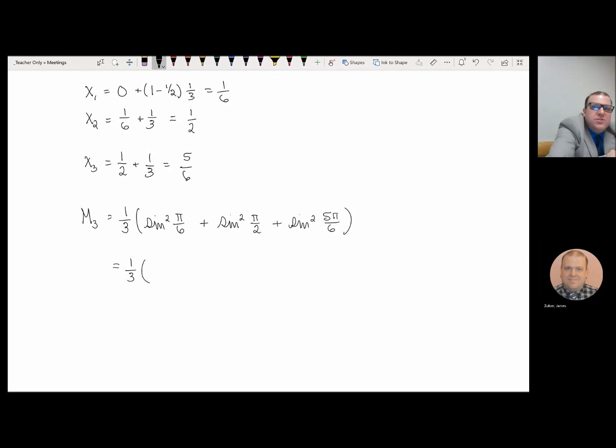Thankfully, these are nice values. What's sine of pi over 6? It's a half. Squared is a quarter. What's sine of pi over 2? Squared is 1. What's sine of 5 pi over 6?